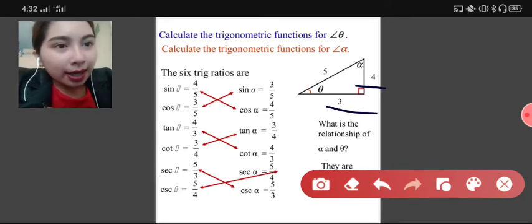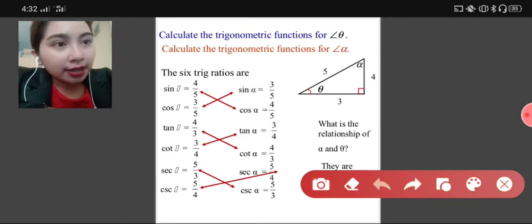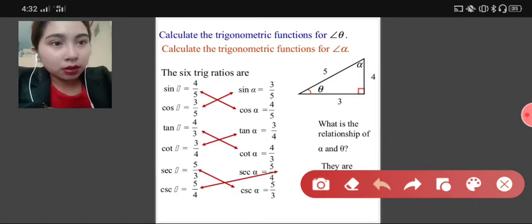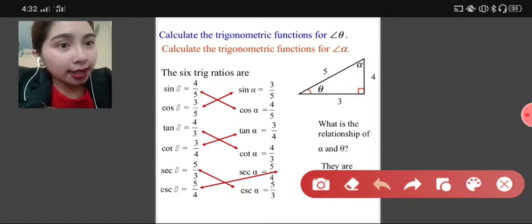Dito naman sa kabila, sa sine A, kasi yung angle A natin dito. Tapos, yung opposite side niya is 3. Kaya, ito yung opposite side niya. Hypotenuse dito, and adjacent beside sa right angle. Kaya, sine A is equals to 3 over 5 because sine is equals to opposite over hypotenuse.